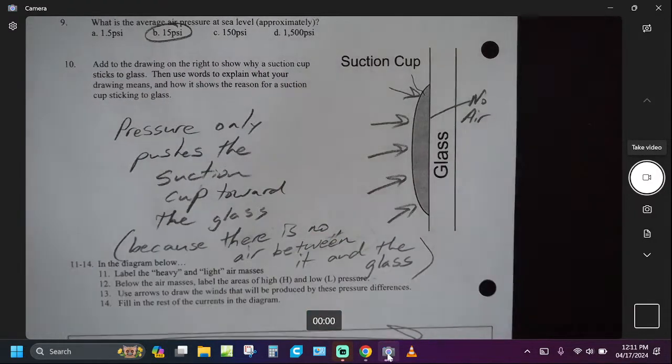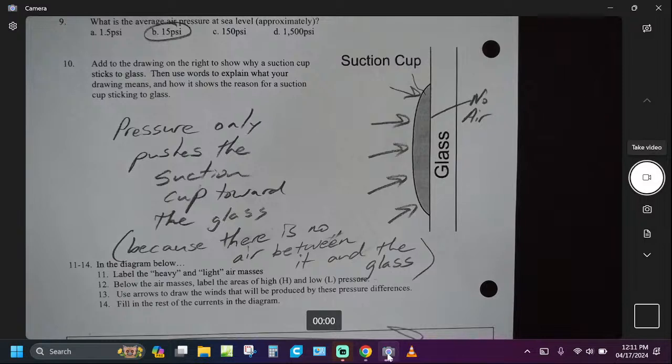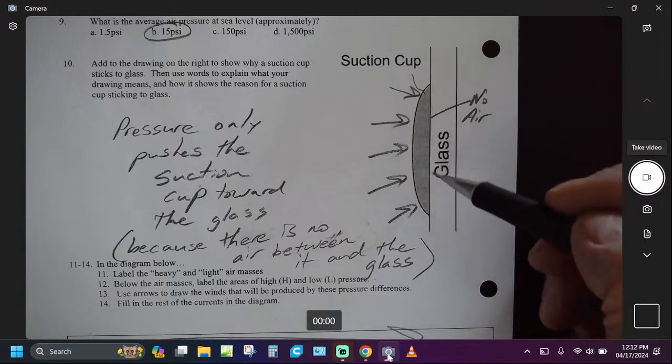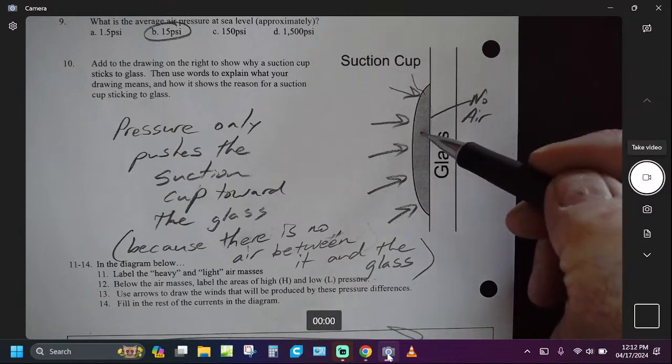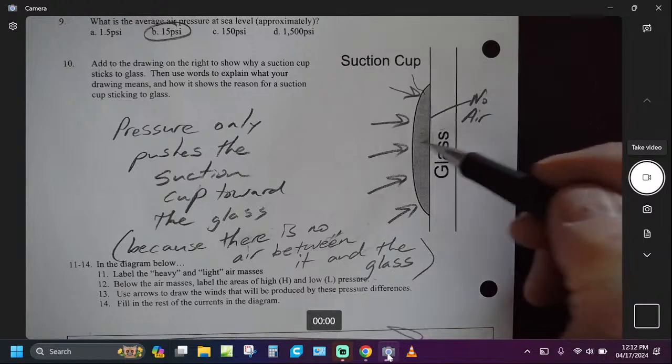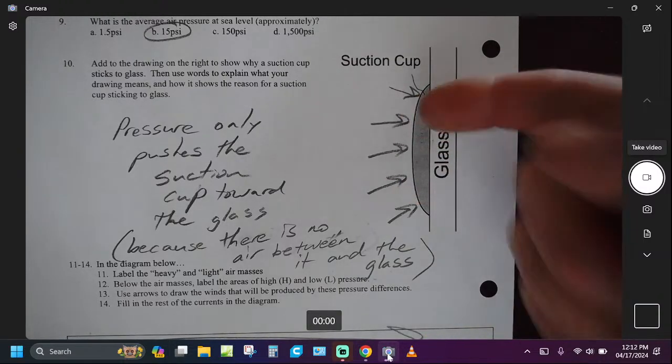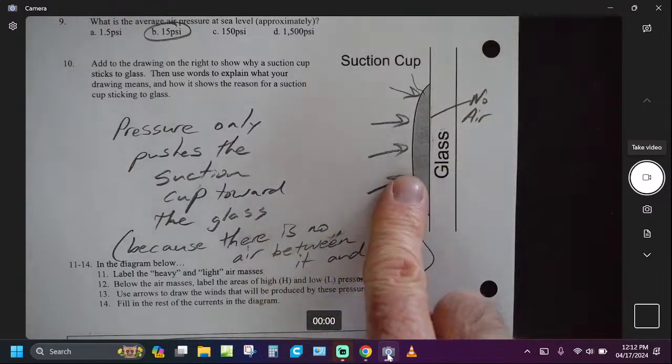And then we did a practice quiz. I kind of explained exactly what happened. The whole point of a suction cup is to get rid of the air between the suction cup and the thing it's sticking to. If there were air under there, then there'd be arrows going the other way and nothing would stick. So that's what I drew for my picture.